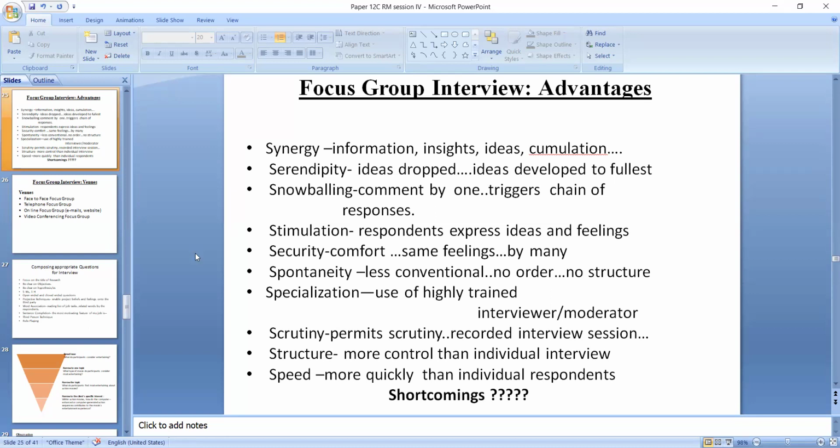Generally, whenever you do FGDs or individual interviews, the questions that are set are called structured, unstructured, or semi-structured interview questions. Structured means your typical set questions are ready and you don't ask anything beyond that.